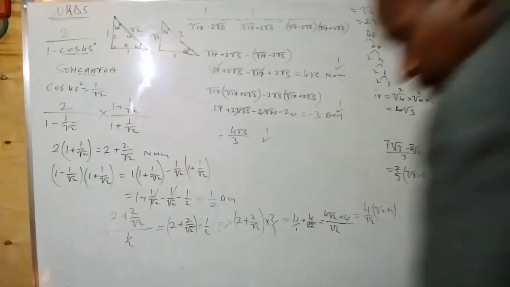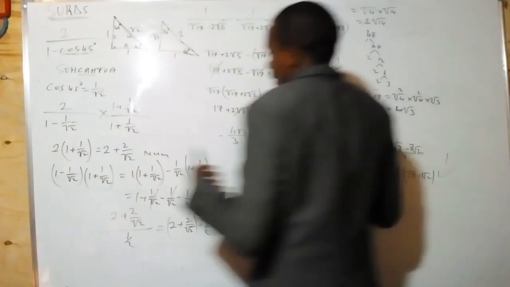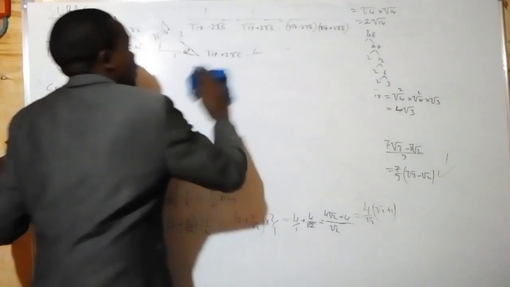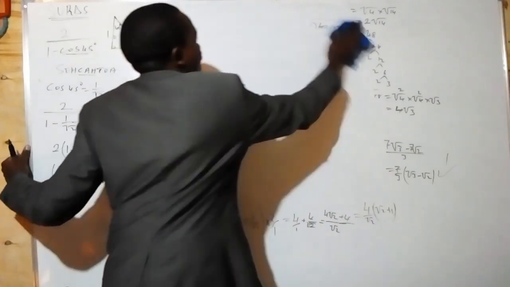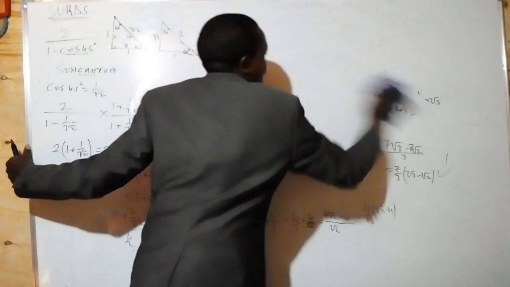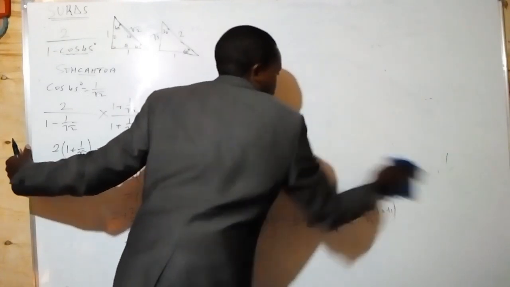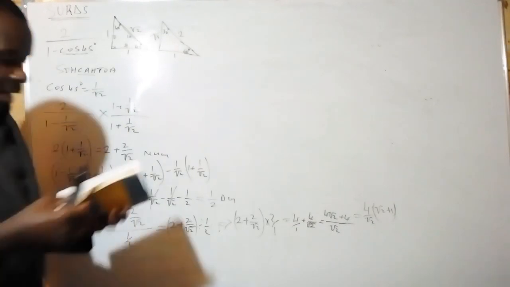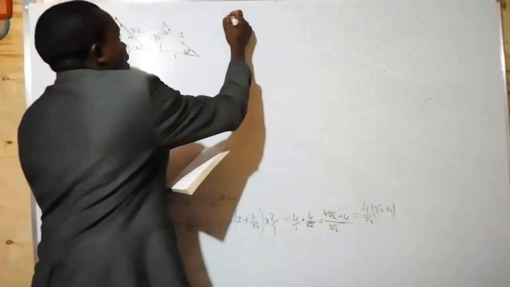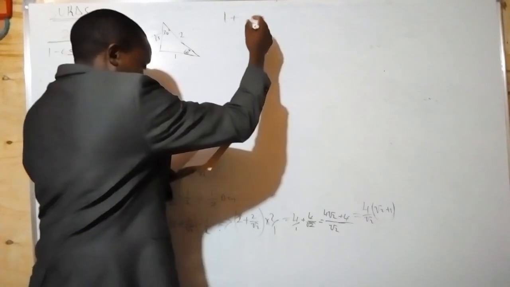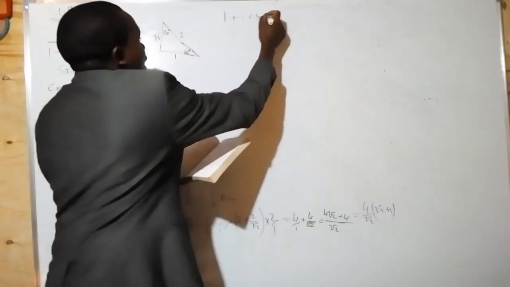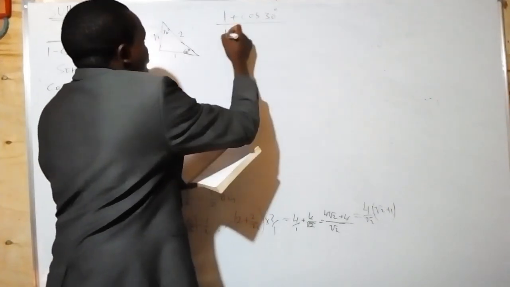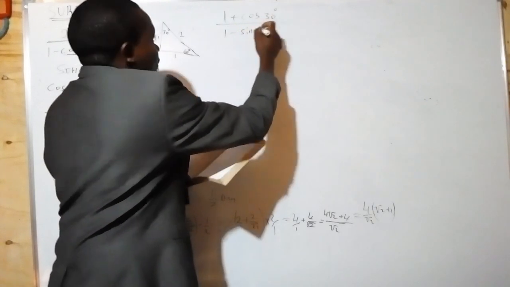You can have another one where we are going to use those two special triangles. You are given 1 plus cos 30 degrees all over 1 minus sine 60 degrees.